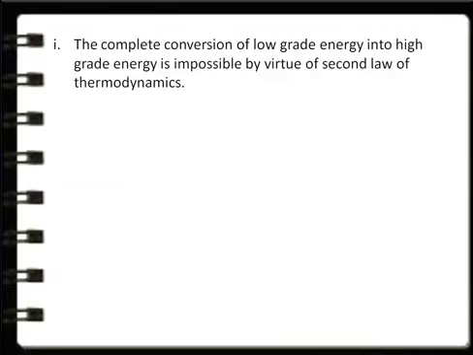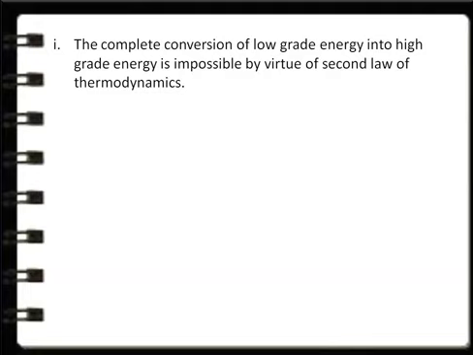There are some differences between high grade energy and low grade energy. The complete conversion of low grade energy into high grade energy is impossible by virtue of the second law of thermodynamics. We studied the heat engine cycle, where heat is given as an input to the engine and the engine produces work. Normally the efficiency of a heat engine is around 40%.